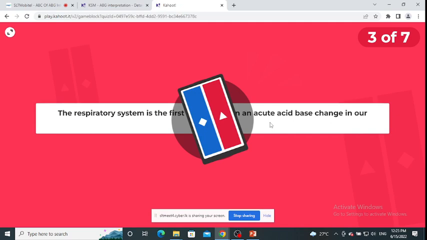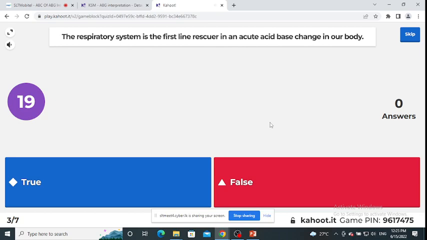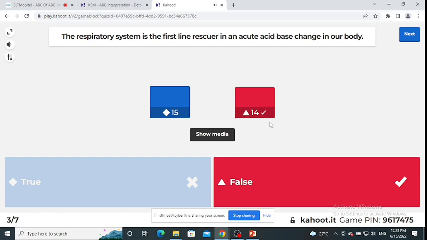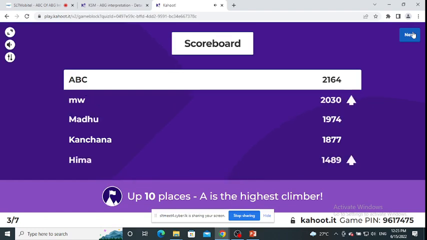Question number 3. It's a true false answer. The respiratory system is the first line rescuer in an acute acid-base disturbance in our body. Is it the first line rescuer? Right! It's the buffers first, and then the respiratory system. ABC, you are doing great.